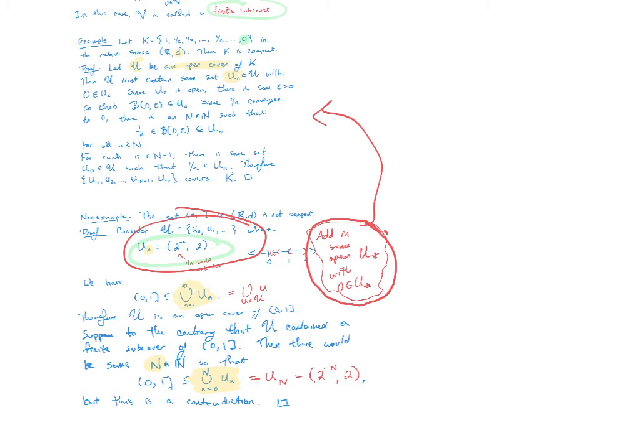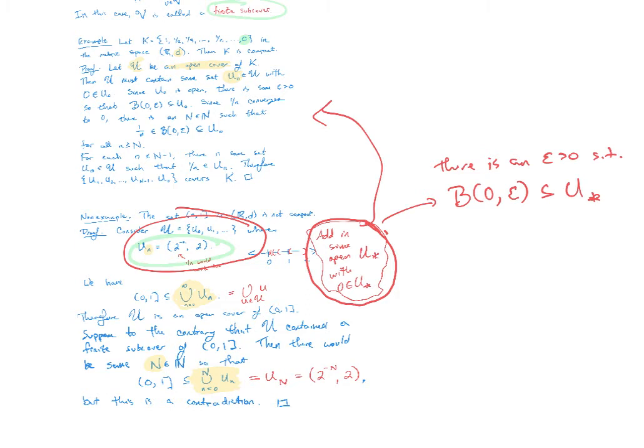And then we would say that there exists an epsilon so that the whole epsilon neighborhood of 0 is in that set U star.